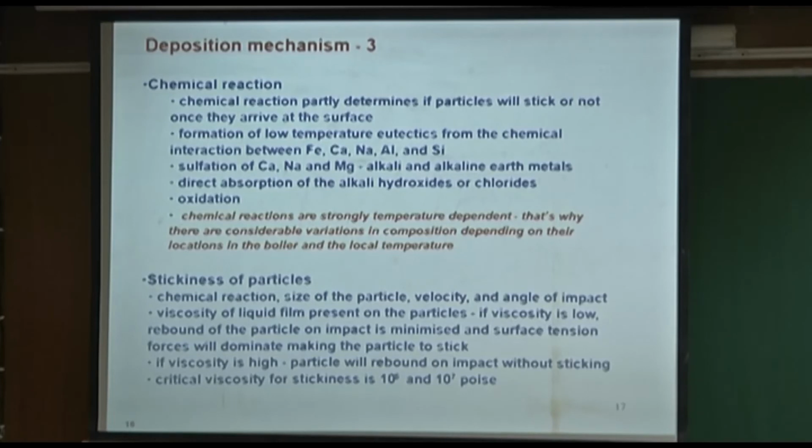The angle at which it is impacting. So all sorts of things. Viscosity of the liquid film. It's very, very difficult to measure that actually, even though you can predict to some extent, but these predictions are just predictions.